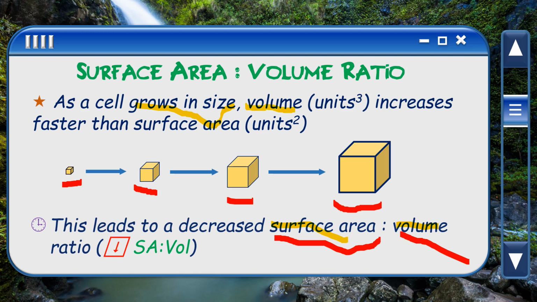Its volume is going to increase faster than its surface area. So volume is increasing, surface area to volume ratio is decreasing.